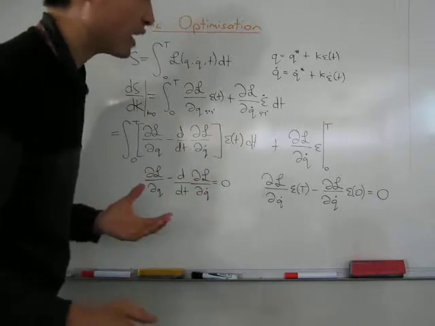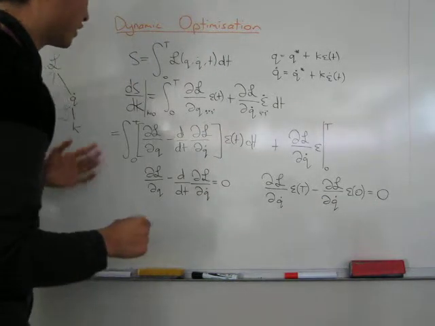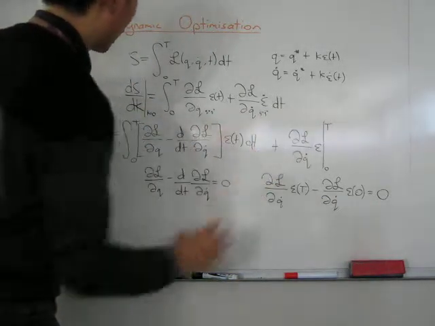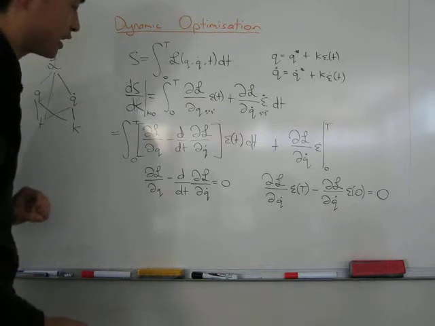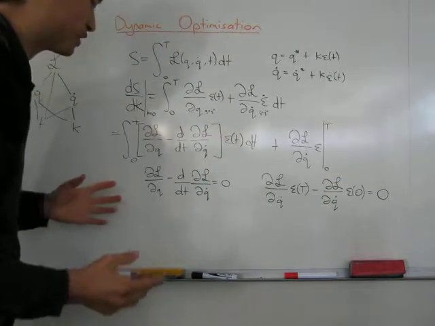If any of them were not equal to 0, then we could choose epsilon to violate the rule that this quantity has to equal 0. So, these are the conditions that q must satisfy.